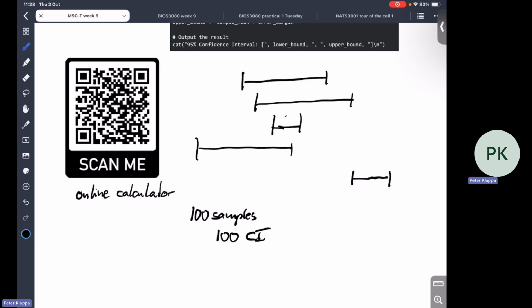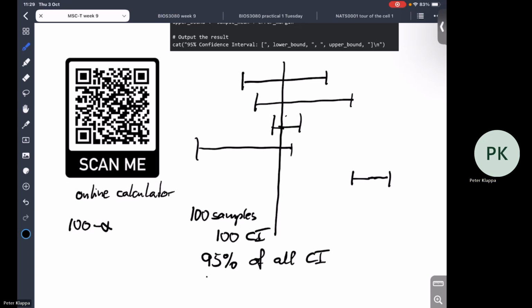And this calculation that gives us the confidence interval is designed so that 95%, that's the 100 minus alpha, of all these samples, all these confidence intervals contain the true population mean.